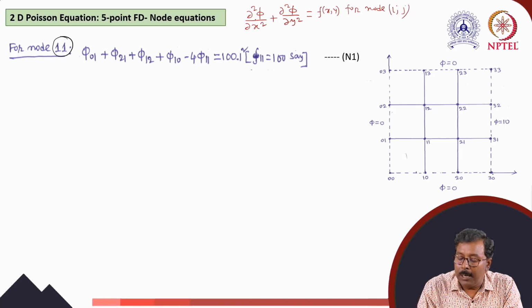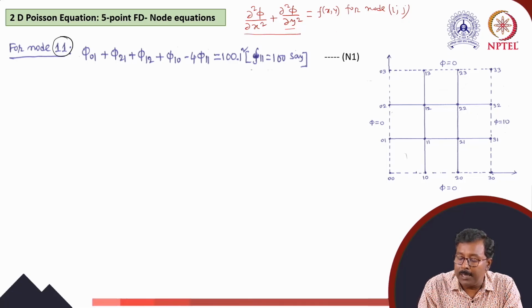Now this left portion will be phi 0 1 plus phi 2 1 minus 2 into phi 1 1, and this portion will be phi 1 0 plus phi 1 2 minus 2 phi 1 1, combining as I have shown in the last slide.